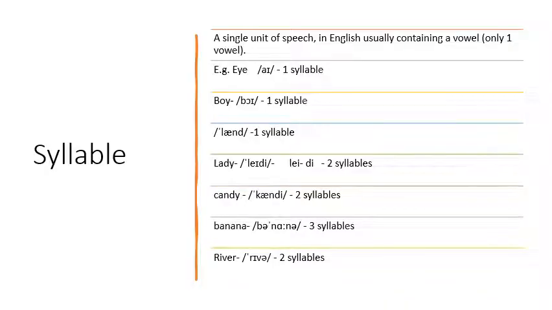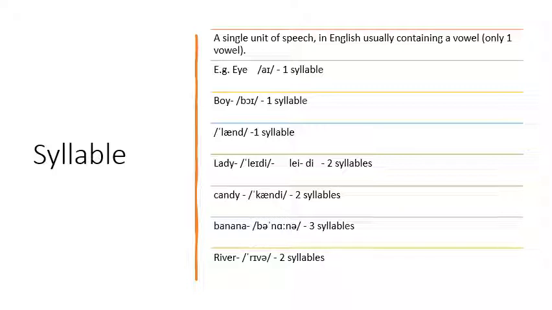Now, what is a syllable? What is a syllable? A syllable is a single unit of speech in English, usually containing a vowel. And it can contain any number of consonants. There will always be a vowel, and there can be any number of consonants. It should contain at least one vowel, and it can contain any number of consonants.